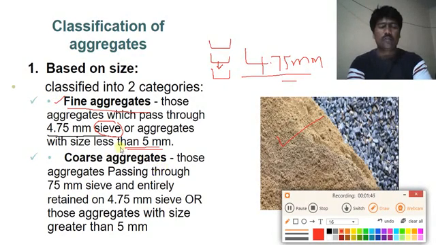Coming to the coarse aggregates, it is the reverse of fine aggregate, where the particles or aggregates are of size greater than 4.75 mm.